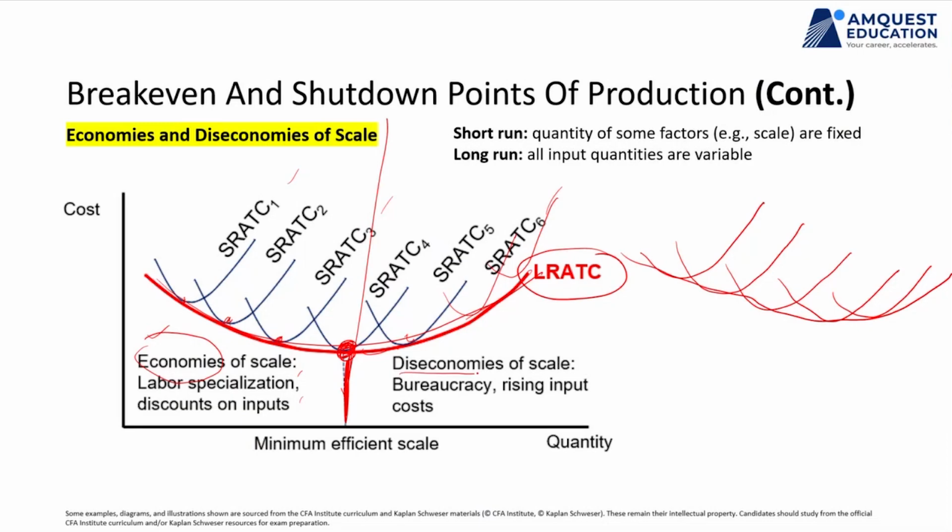And you will face diseconomies. That is why your cost curve starts going up. And what are those diseconomies? Rising input costs, bureaucracy, monotony of labor. If you're doing the same work every day for the next 1-2 years, it becomes monotonous, you start producing less, right? You get bored. So all these result in your cost curve going up. Clear? So please learn this funda of why the cost curve is U-shaped. Economies and diseconomies. Clear?